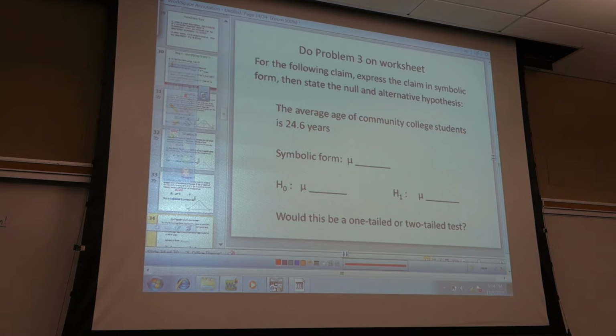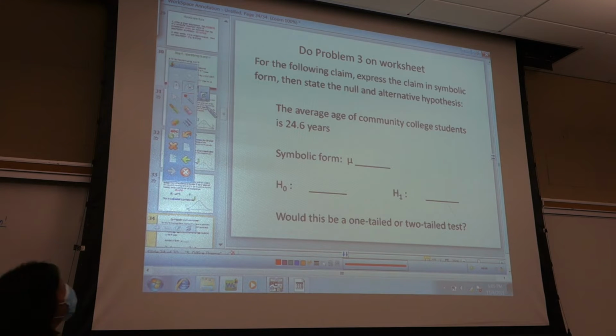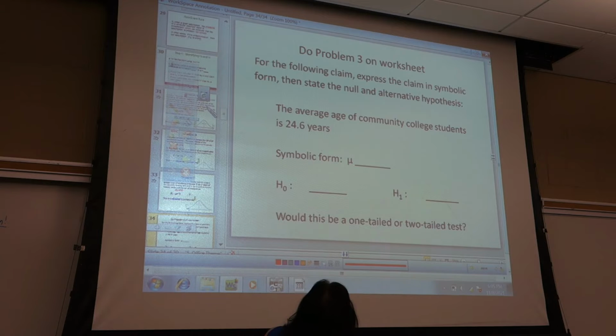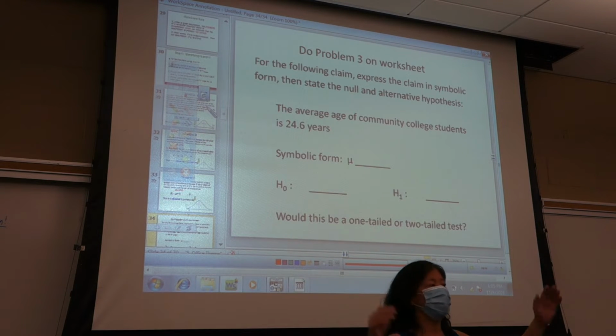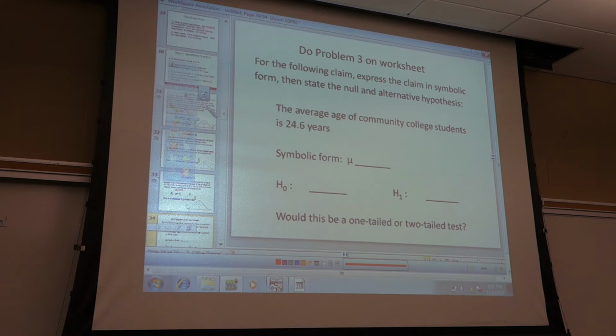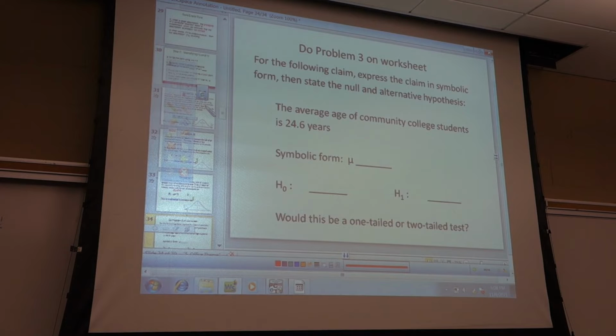Symbolic form, mu equals something, or doesn't equal something. First of all, is it a mu or is it a p? Mu. How do you know it's a mu? Average. Great. The average age, that's my mu.